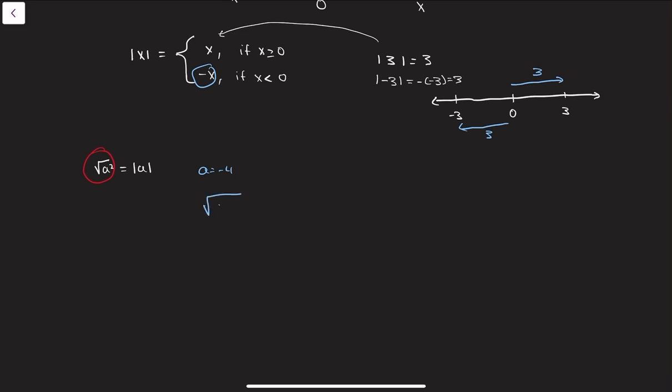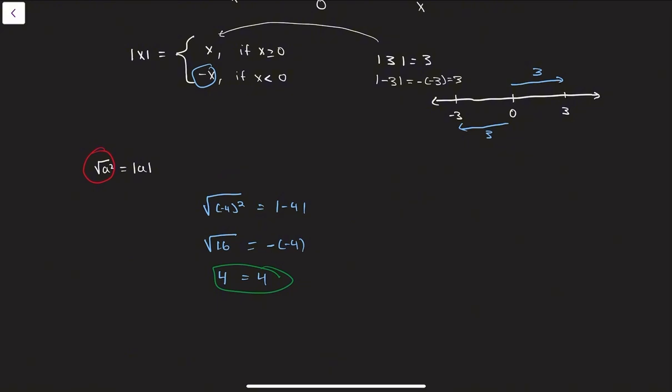Then the square root of negative 4 squared has to equal the absolute value of negative 4. In here, this is 16, and the square root of 16 is 4. From what we just discussed, we would have negative 1 times negative 4, which is just 4. So that's why the absolute value can be defined like this.